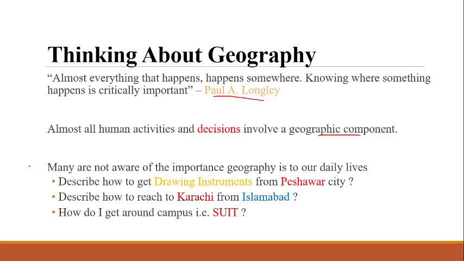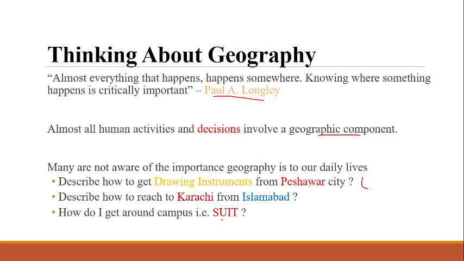We use geography without being aware of it. For example, describe how to get a drawing instrument from Peshawar city. This is geography, because we have to go to a drawing instrument shop. It must have some latitude and longitude and some location in the city of Peshawar. So it is related to geography. If you want to go from Karachi to Islamabad, it must also have some location, latitude and longitude.